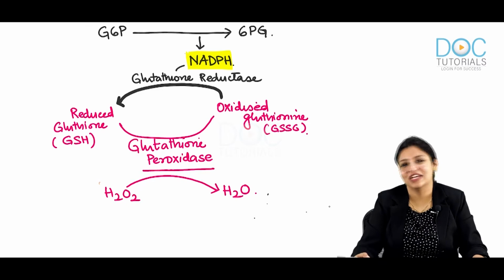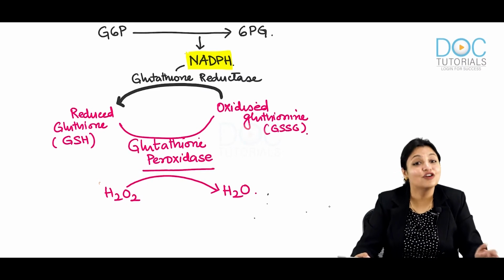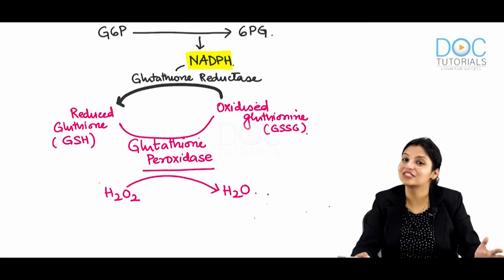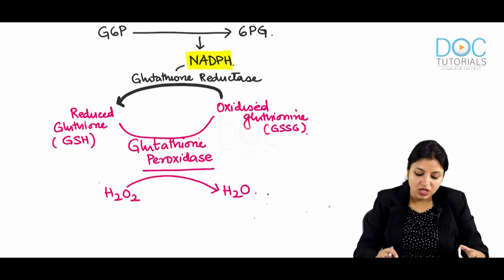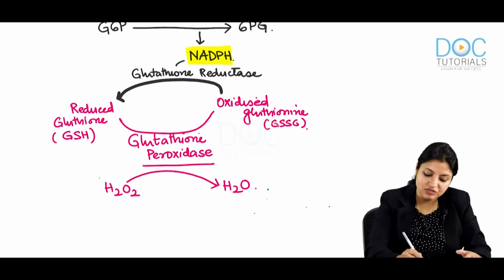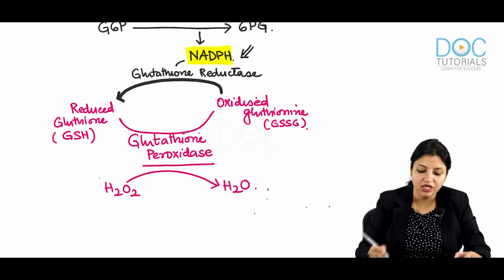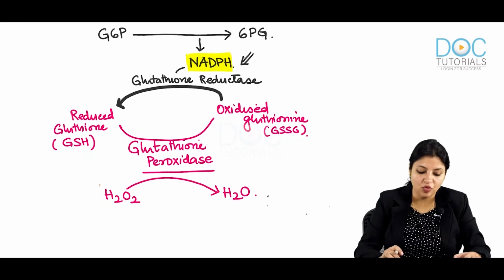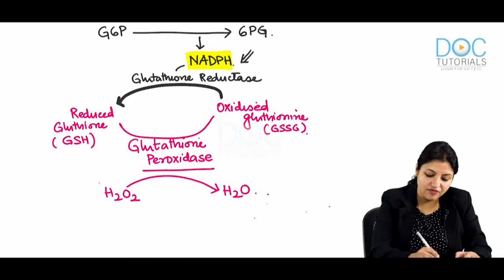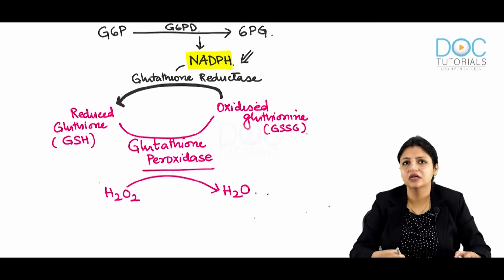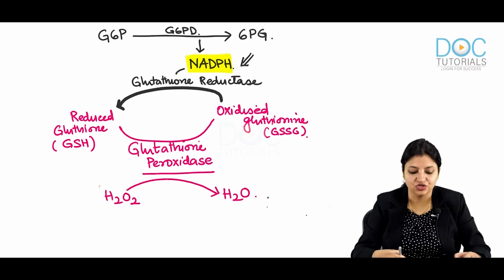NADPH is the cofactor for changing the oxidized glutathione back to reduced glutathione. So now you understood the importance of this molecule. This is done by an enzyme, glucose 6-phosphate dehydrogenase.